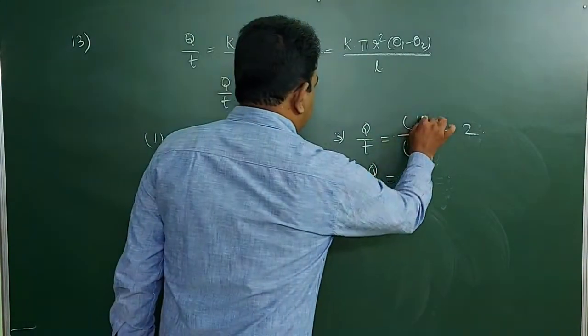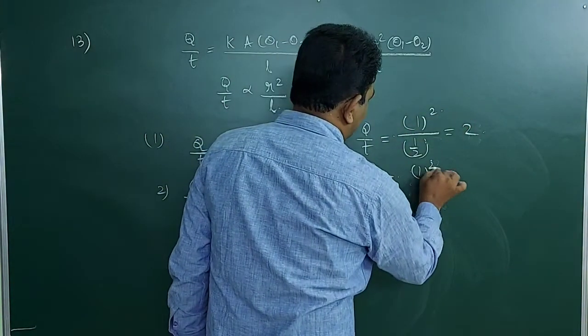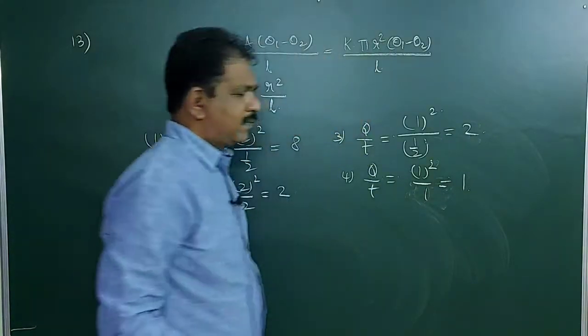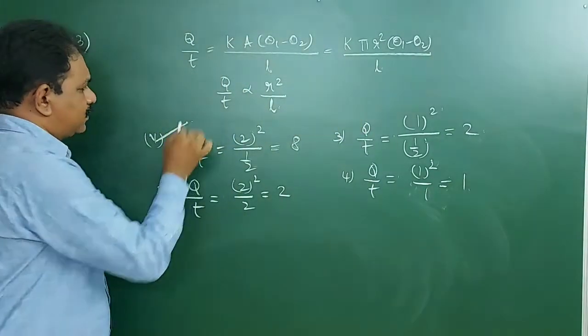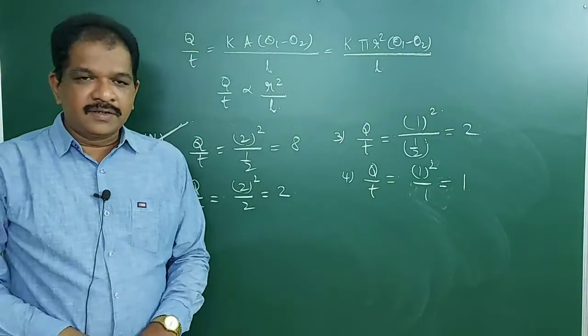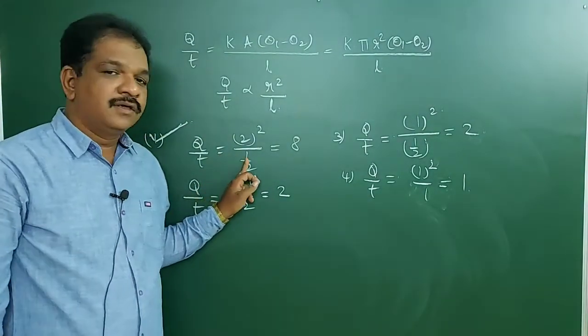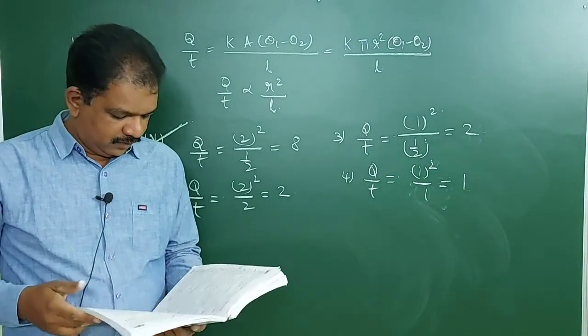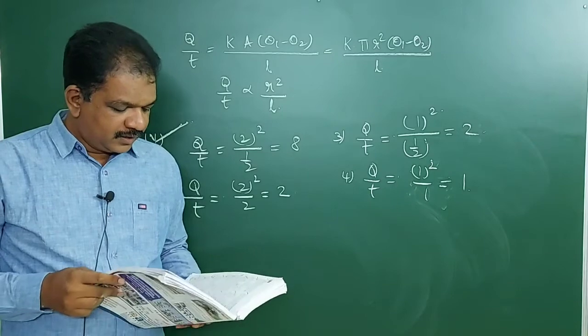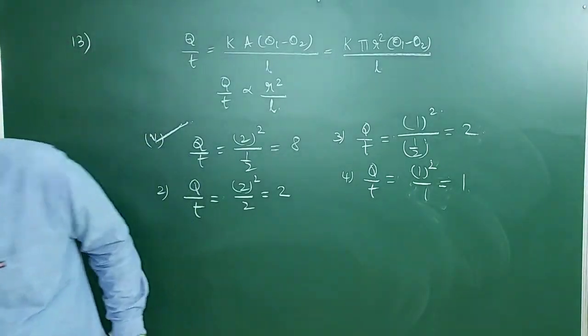Here this is square, no? Here 1 square by 1, this value will be 1. So what will be the correct option means this one. If the dimensions of the rod are like this, it will conduct more amount of heat. Okay. Next, 14 you see.